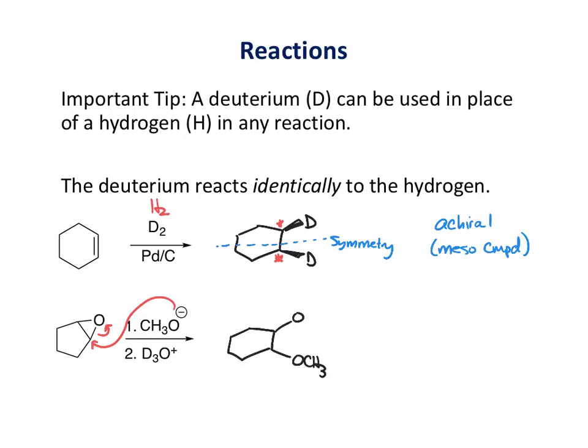All right, then in step 2, you add D3O+ instead of H3O+. But that's just, instead of a proton, you're adding D+.